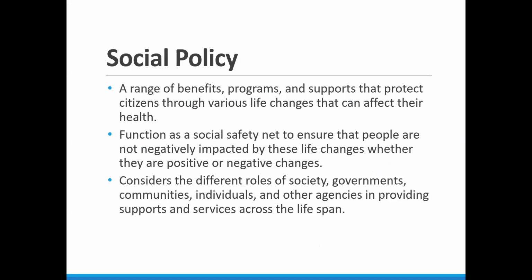Again, just to give you a reminder of how we're defining social policy in the context of this, social policy is a range of benefits, programs, and supports that protect citizens through various life changes that can affect their health. It functions as a social safety net to ensure that people are not negatively impacted by these life changes, and considers the roles of various sectors, society, governments, communities, and individuals in providing these supports and services across the lifespan.